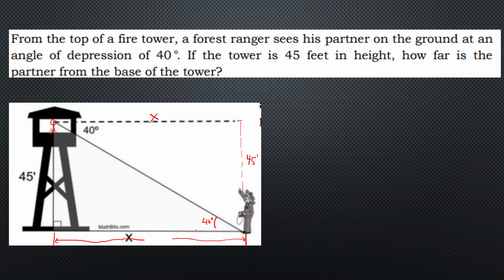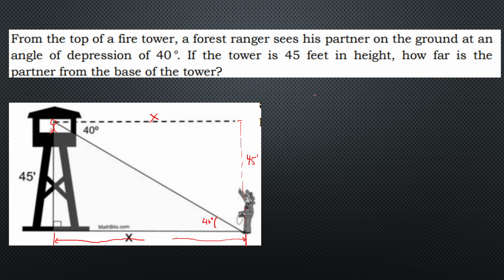So let's say I want to solve this one in this point of view. Take note that the x there is the adjacent with respect to the angle 40 degrees, and 45 feet is just the opposite.